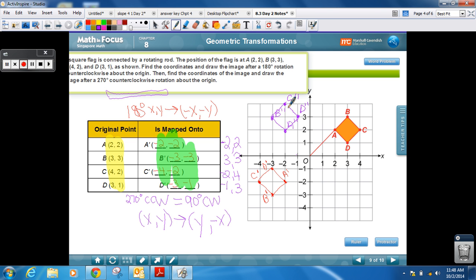Okay, so if I think about it, that was 270 degrees counterclockwise from the image it said to start with.